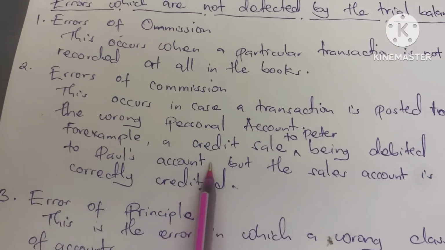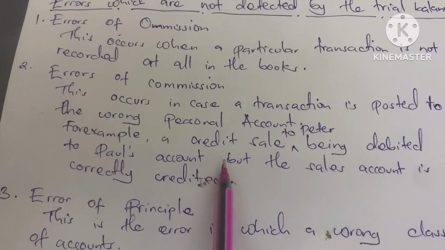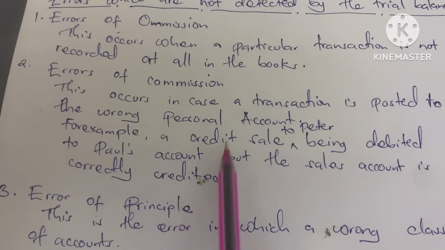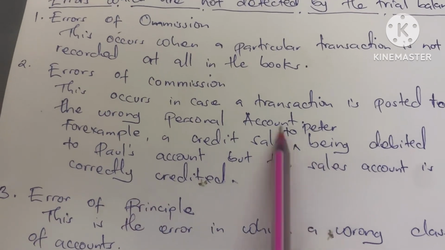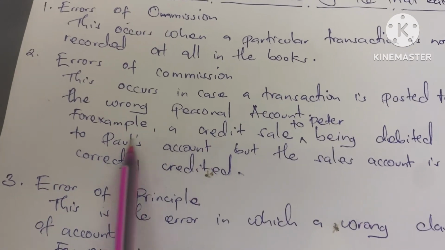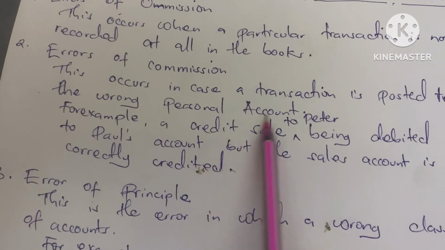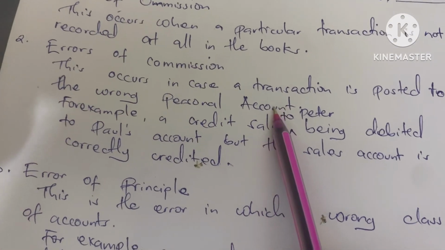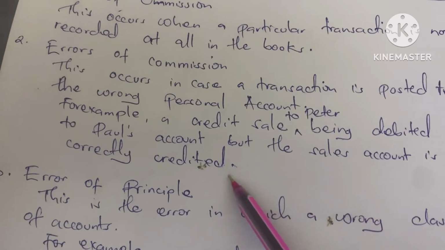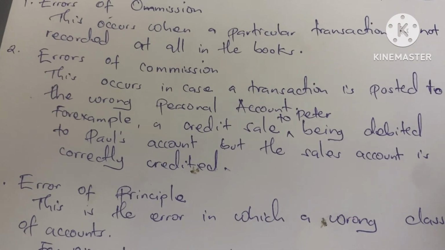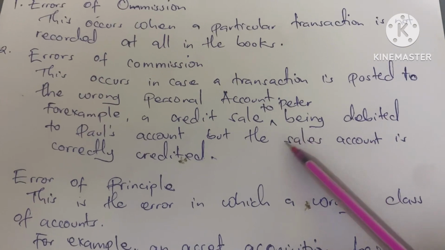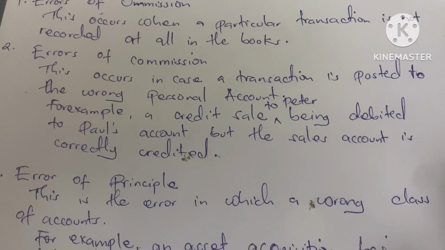So here, instead of debiting it to Peter's account, they debited it to Paul's account. So a transaction is posted to a wrong personal account, but then the sales account is credited very well. So this error will not be detected by the trial balance.